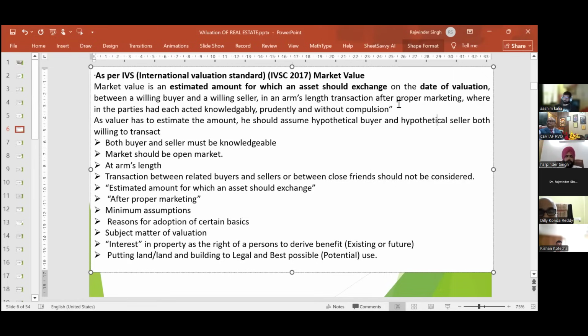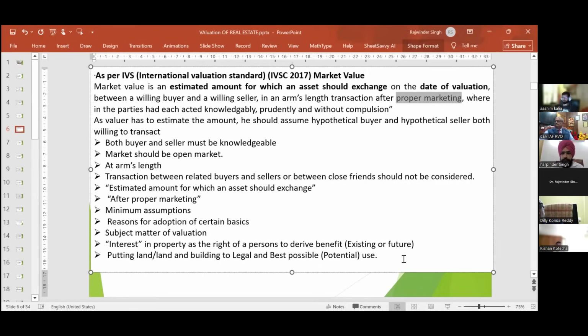That is, you have done all possible things which make you able to sell your property as per the conditions of market value, means after proper marketing.